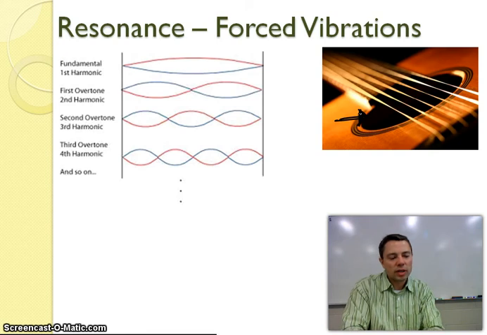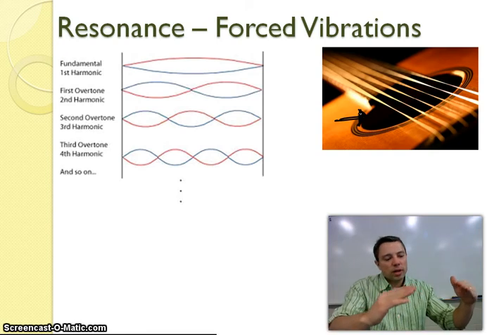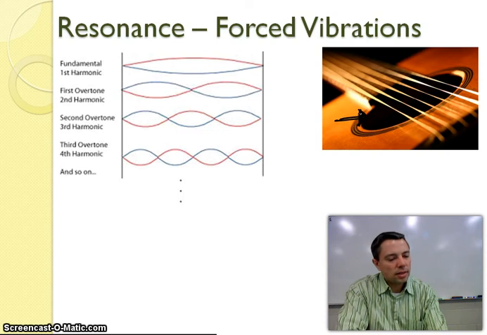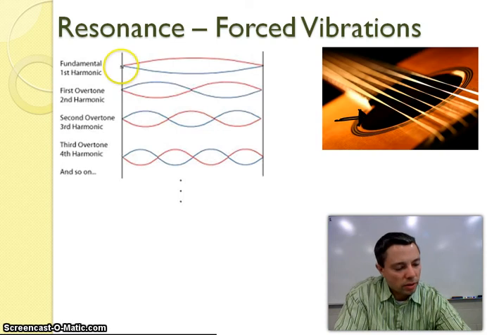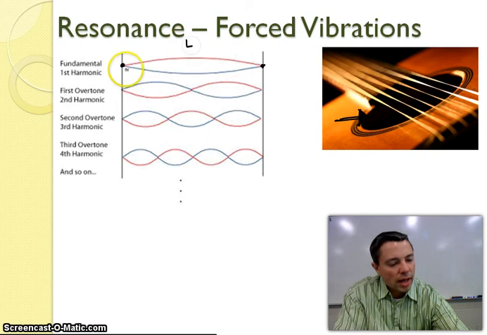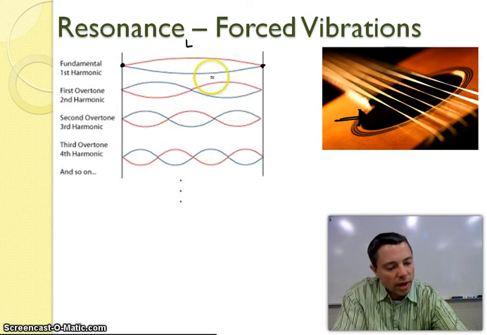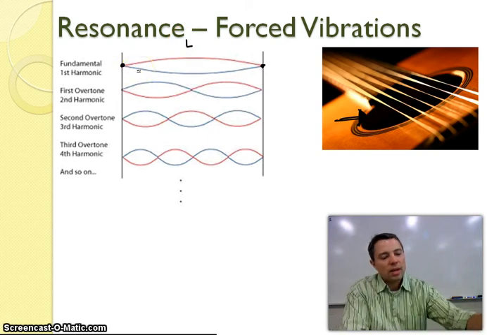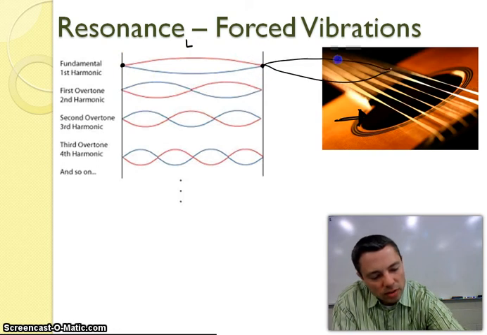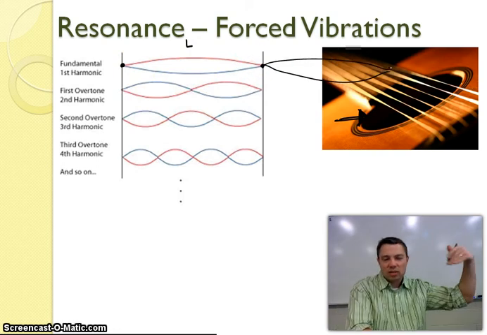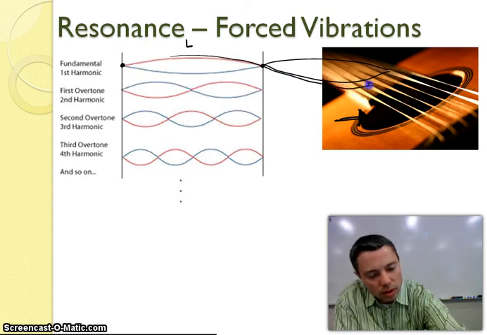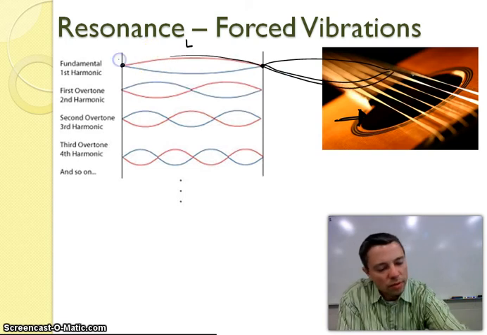Now, when we look at strings, and as strings start to vibrate, we look for wave patterns, okay? And this is our basic wave pattern. So if I said from here to here is a length of string, and it vibrates here and comes back here, we get one half of this wavelength. We have to think in terms of that crest and trough, where this would represent the up and then the down, and that gives me one wavelength.